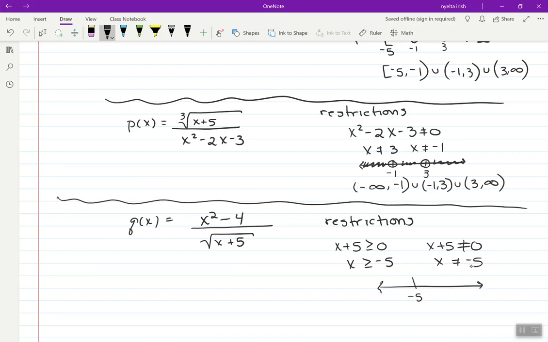It can't be -5 though. So you can't use the equals here. It goes off in this direction. So it's parenthesis -5 to infinity. And the reason it's parenthesis is because the denominator, if I plug in a -5, that's going to make a 0 in the denominator. And we can't have a 0 in the denominator.